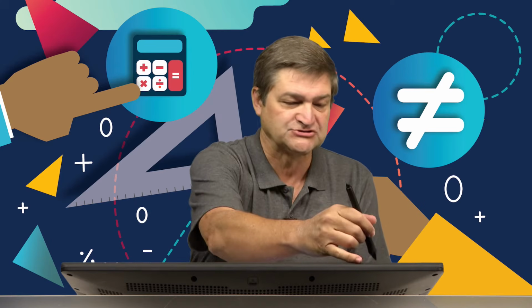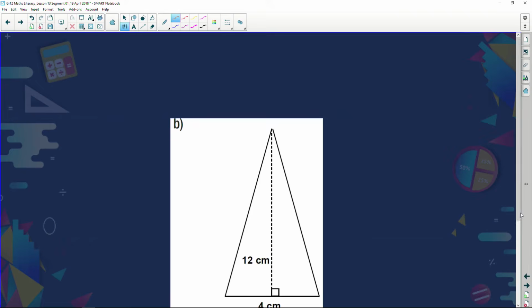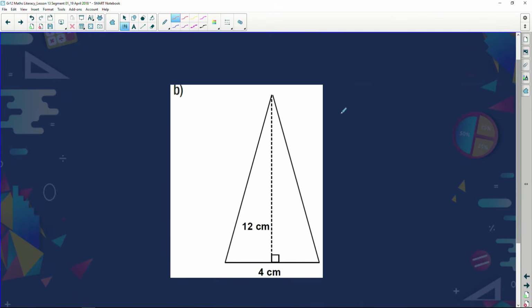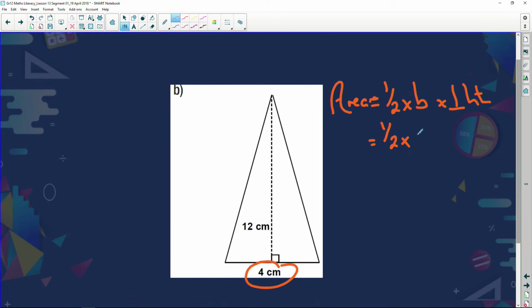Okay, next question. We get given a triangle, and remember we said the area of a triangle is equal to a half times the base times the perpendicular height. Not any height, it's got to be that height that's at 90 degrees to the base. A half we know is a half. Now my base is 4 centimeters.